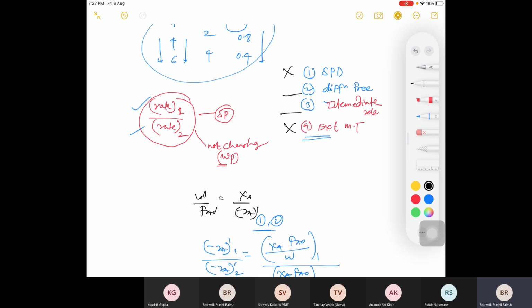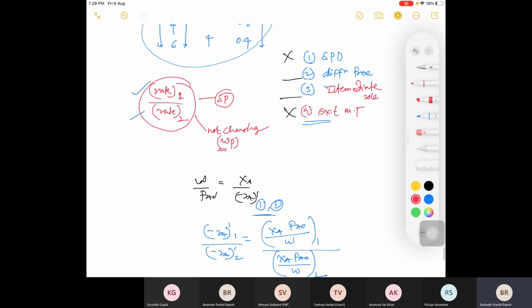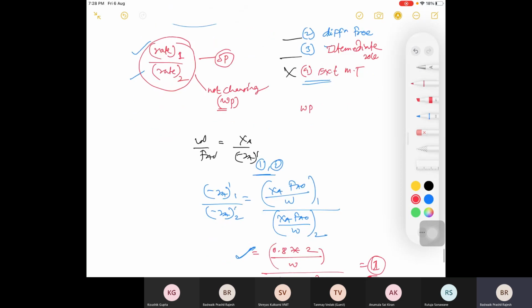So diffusion free, exactly what I mean is, see, here you will be having weak pore diffusion resistance regime. That means you don't need to care about your diffusion, right? You don't need to care about mass transfer because it is not affecting.